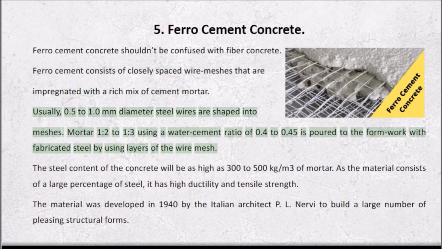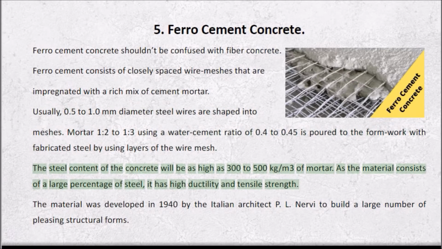Usually, 0.5 to 1 mm diameter steel wires are shaped into meshes. Mortar 1:2 to 1:3 using a water-cement ratio of 0.4 to 0.45 is poured into the formwork with fabricated steel by using layers of the wire mesh.